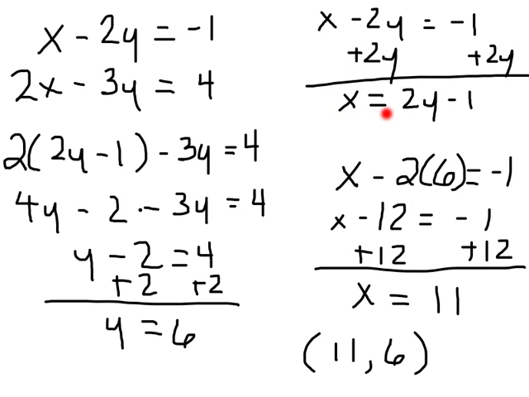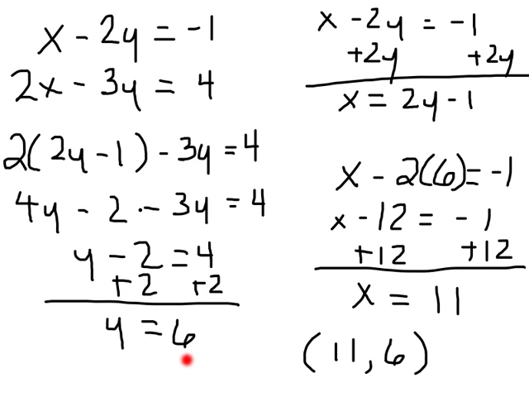So I've got x equals 2y minus 1. Now that I know what x equals, right where this x is, I'm going to substitute in what I know x is equal to. And then I'm just going to solve the equation. I use the distributive property, and then I combine my like terms. 4y minus 3y is y. And then I'm going to get rid of this so that y can be by itself and we can solve.